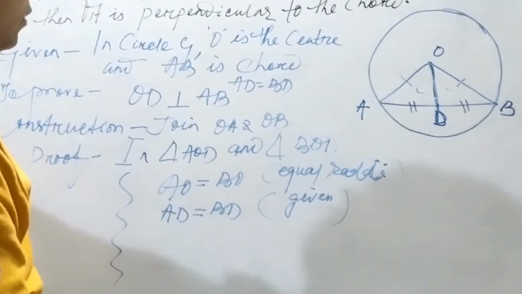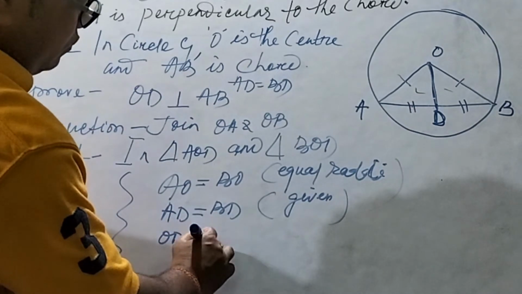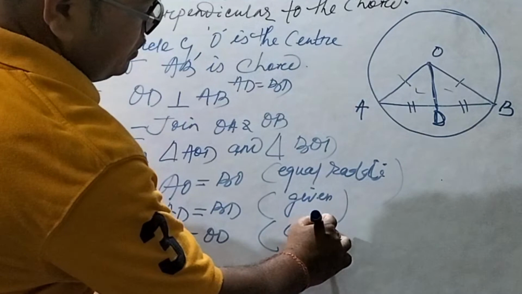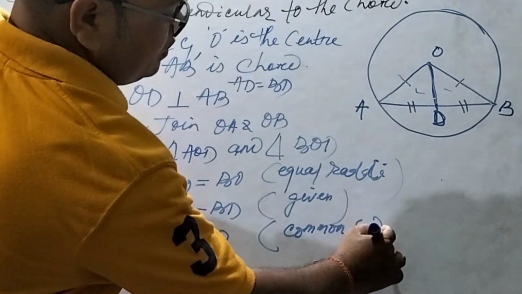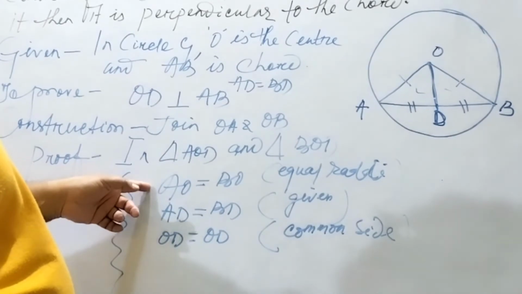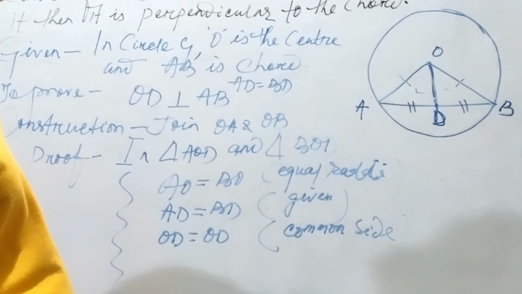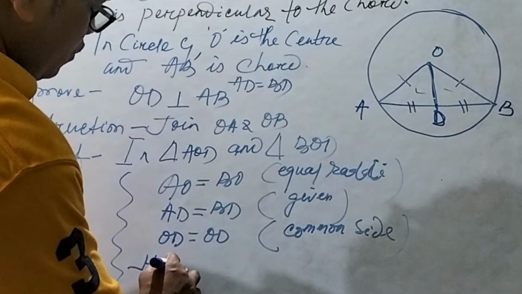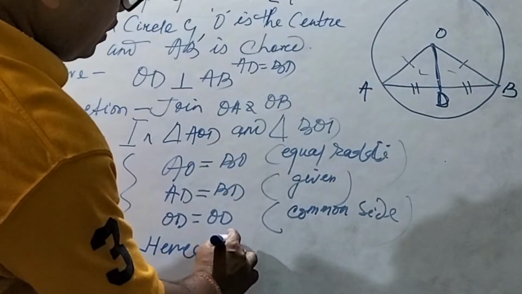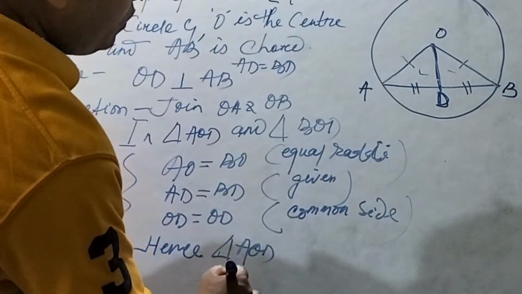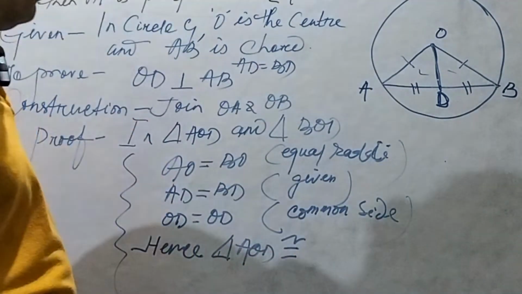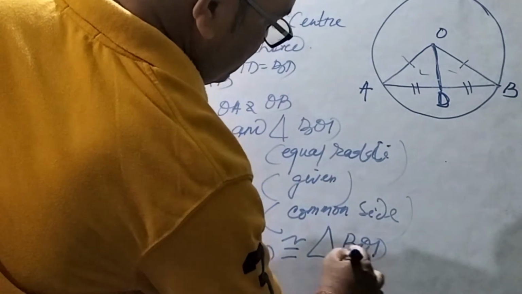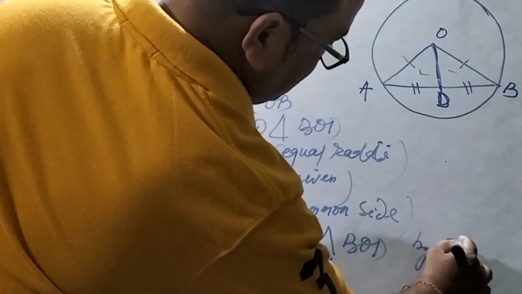Given. And OD equals OD, common side. By these three comparisons, we can conclude these two triangles are congruent. Hence, or thus, you can write triangle AOD is congruent to triangle BOD by SSS.